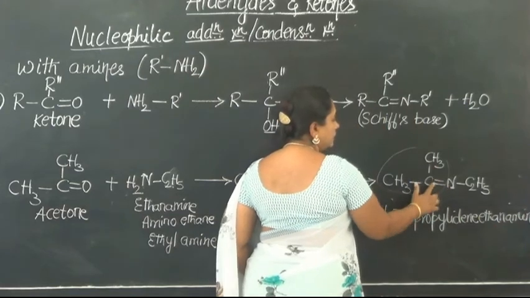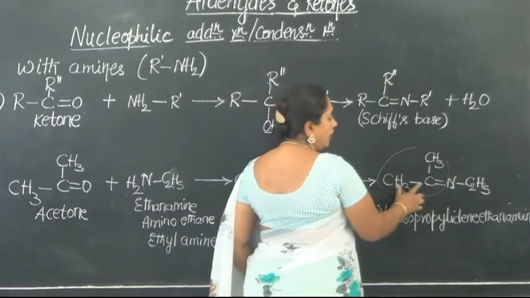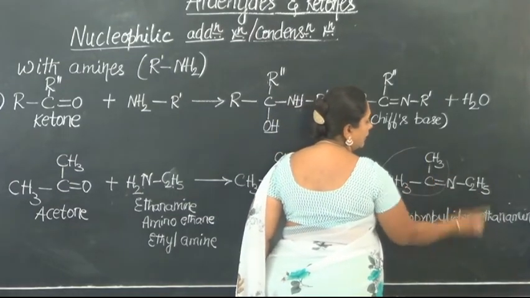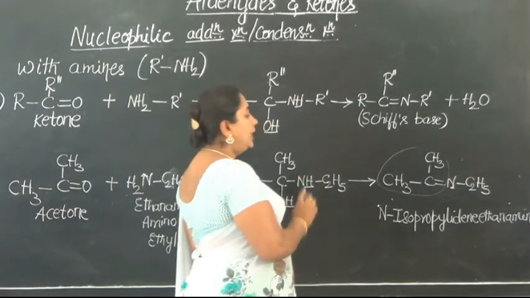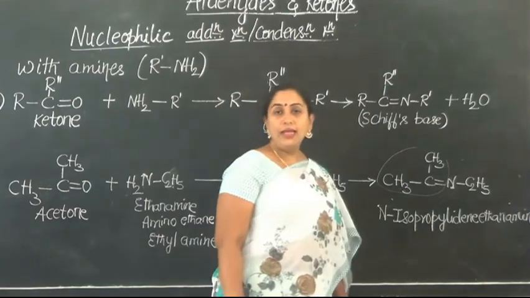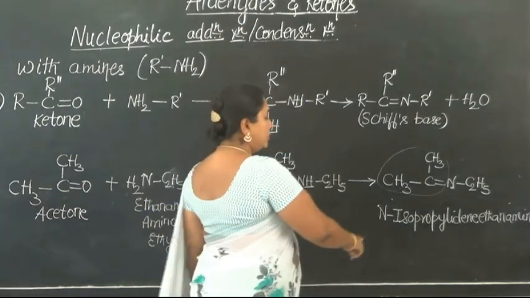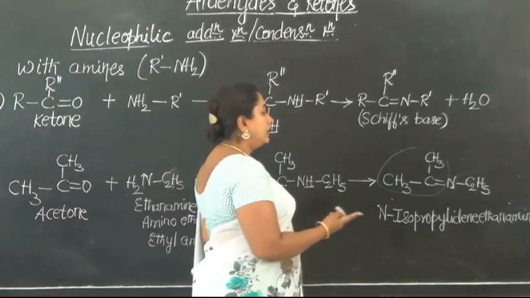N, because it is attached to nitrogen and it is a three carbon group. So N-isopropylidene, and this much of the portion is ethanamine. So what is the name of the Schiff's base obtained when amines are treated with acetone? The name of the compound it gives is N-isopropylidene ethanamine.